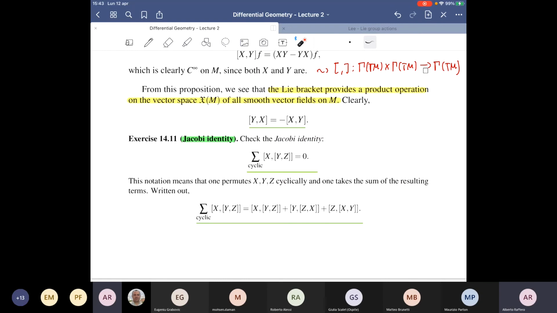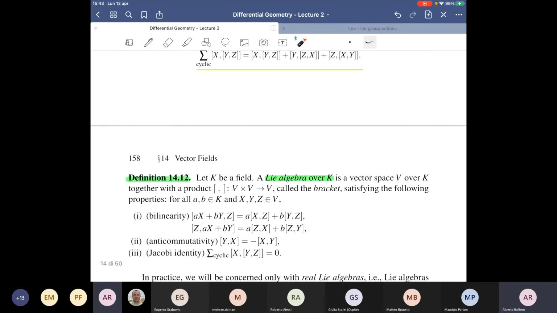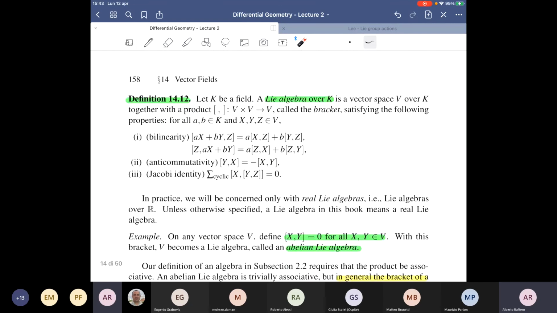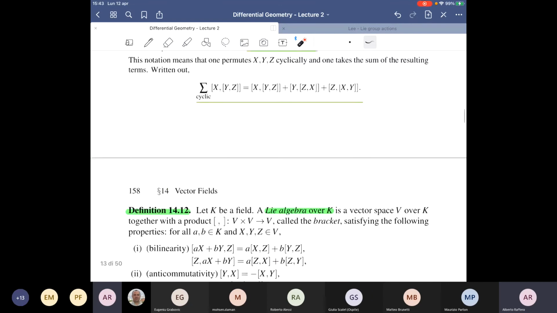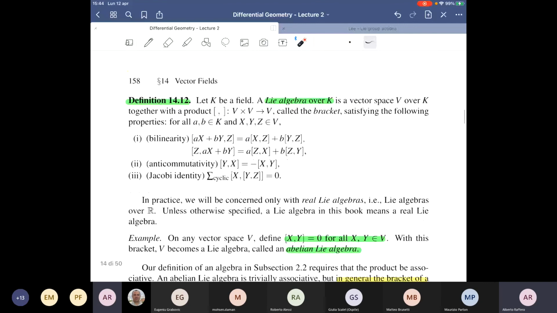These are the properties you require on such a map to obtain what is called a Lie bracket and to obtain what is called the structure of a Lie algebra over some vector space. In particular, what we define here for vector fields is an instance of this more general algebraic object, which is called a Lie algebra over a field K.